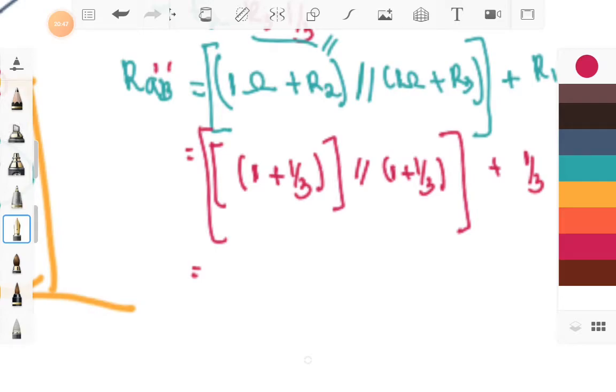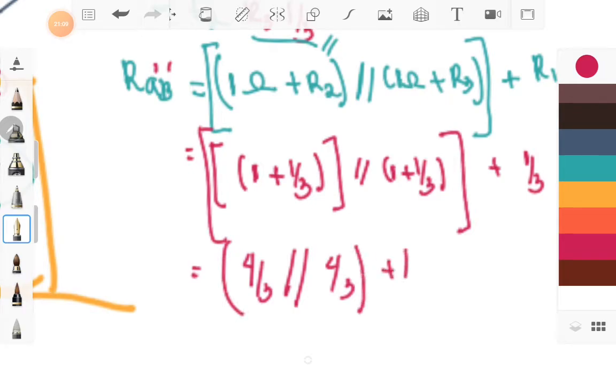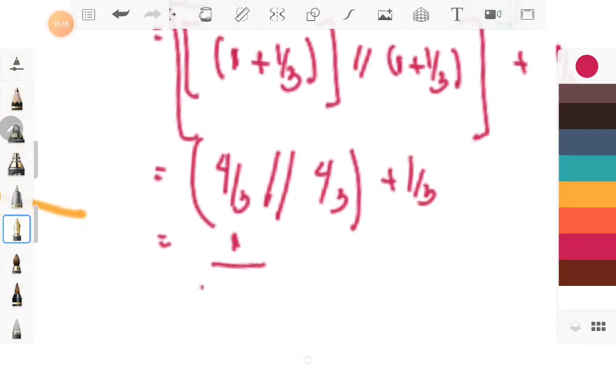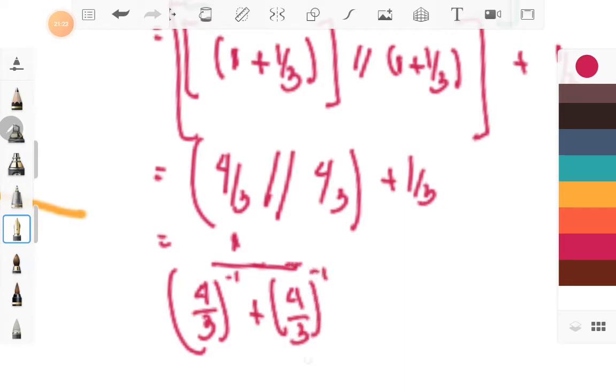So paki-compute gamit yung calculator nyo. So we have 1 plus 1/3 is equal to 4/3, right? 4/3 in parallel with another 4/3. So we have 2/3 plus 1/3 equal to 1 all over 4/3 raised to negative 1 plus 4/3 raised to negative 1, plus 1/3, right?